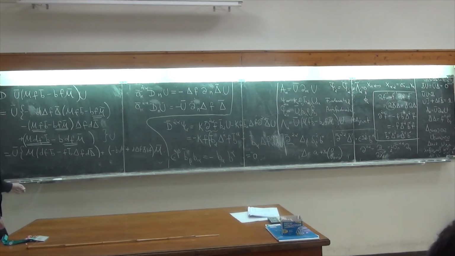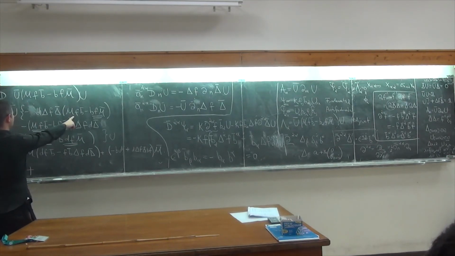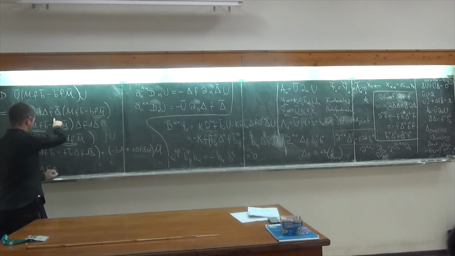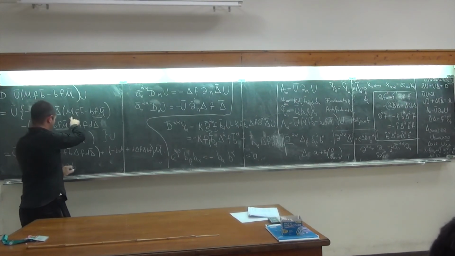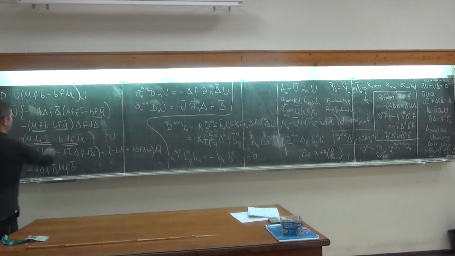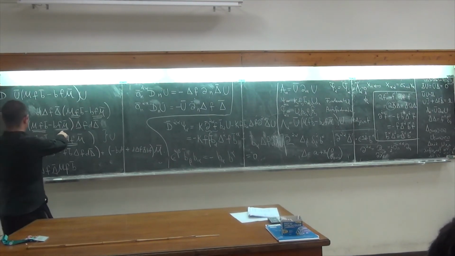Clearly, I'm collecting the terms and I know if I have something in mind, of course. This is that. Then what is remaining is this minus d delta f delta bar n f b bar. This term, and what else? This guy.